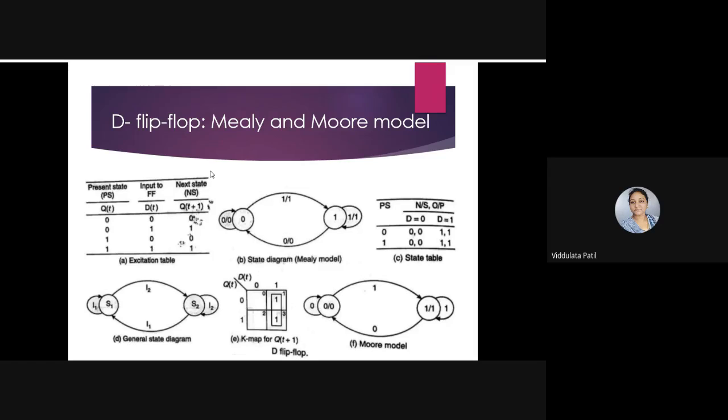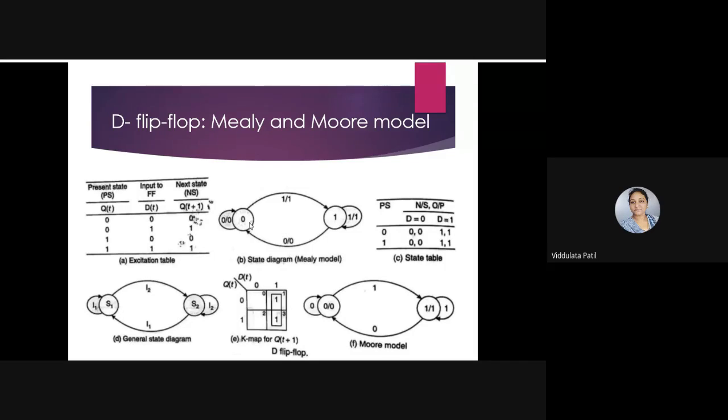Now we will see how to represent this in a Mealy model. In a Mealy model, these states are represented as an output. These are the output states, and they change depending on the input and current state. So here these are the two nodes: one is the output that has the state 0, and another one is 1. The arrows, or whatever is written over there, show the input and the current state.